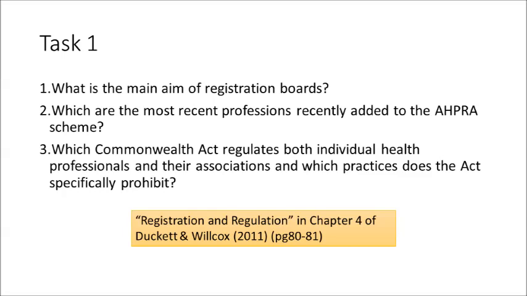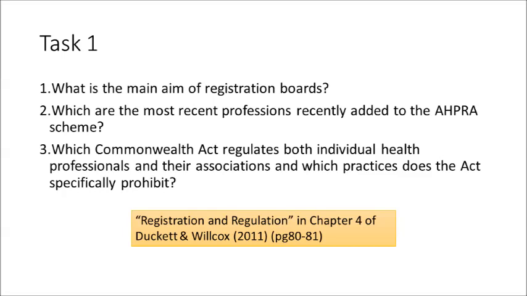So your first task for this section is to read the registration and regulation section in chapter 4 of Duckett and Wilcox, which is on page 80 to 81, and answer the following questions. 1. What is the main aim of registration boards? 2. Which are the most recent professions recently added to the AHPRA scheme?